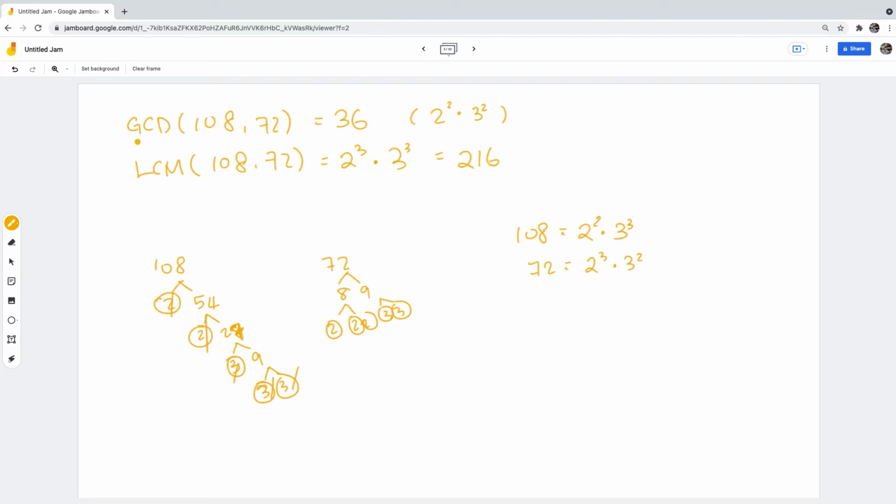So we found the GCD of these two numbers is 36. The LCM is 216. Then let me show you some fun things here. If you multiply GCD and LCM of 108 and 72, we can multiply 36 times 216, right?